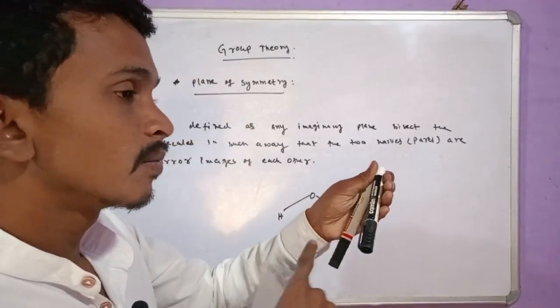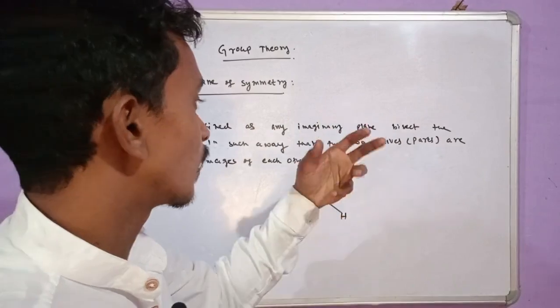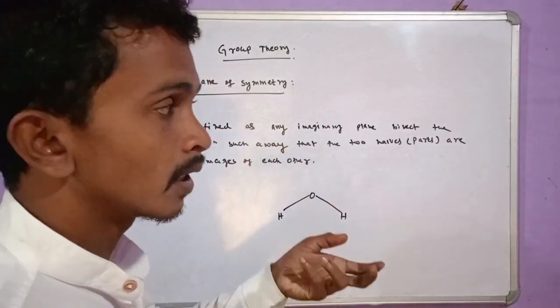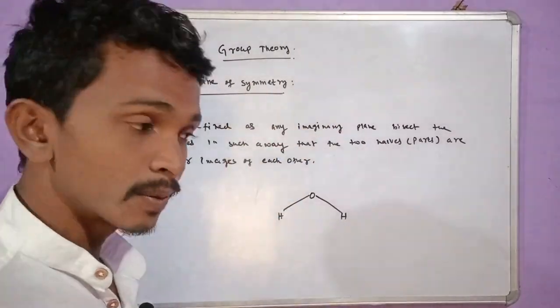If these are mirror images of each other, then that imaginary plane which we pass, we call the plane of symmetry.